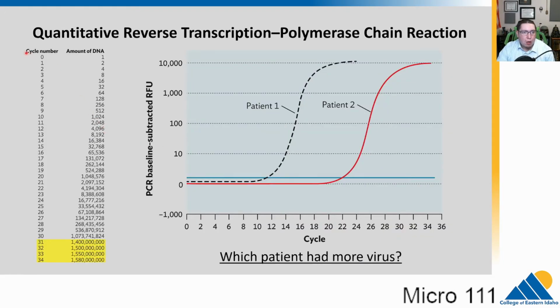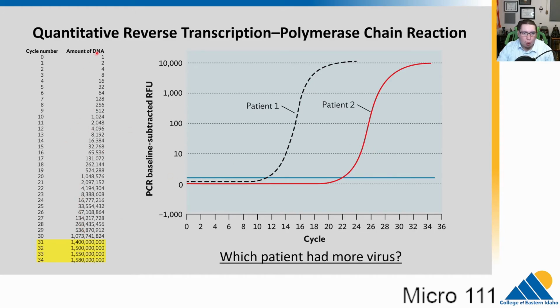Okay, so remember, PCR, start with 1 molecule, end up with 2 after the first cycle, 4, 8, 16, and so on and so forth. There is kind of an upper limit. Things get very crowded at the high limit. So what is this quantitative PCR doing? Well, it's looking for when we start going into basically an exponential phase of growth here.